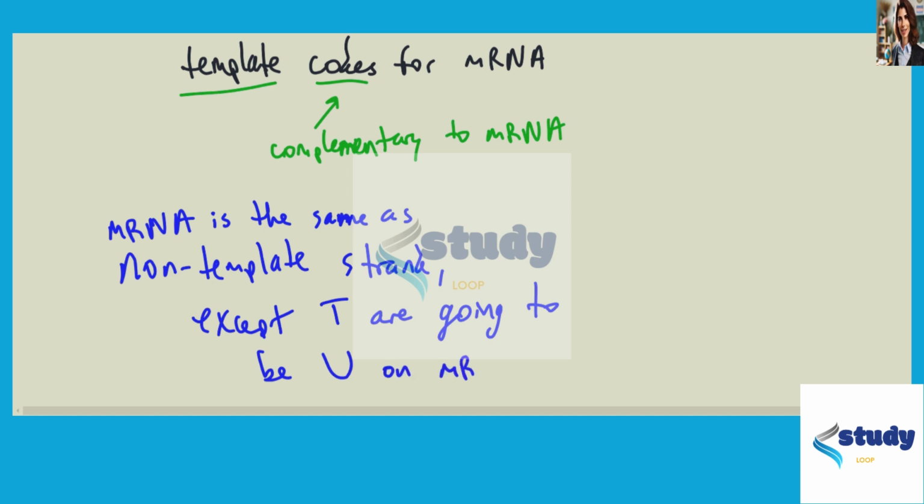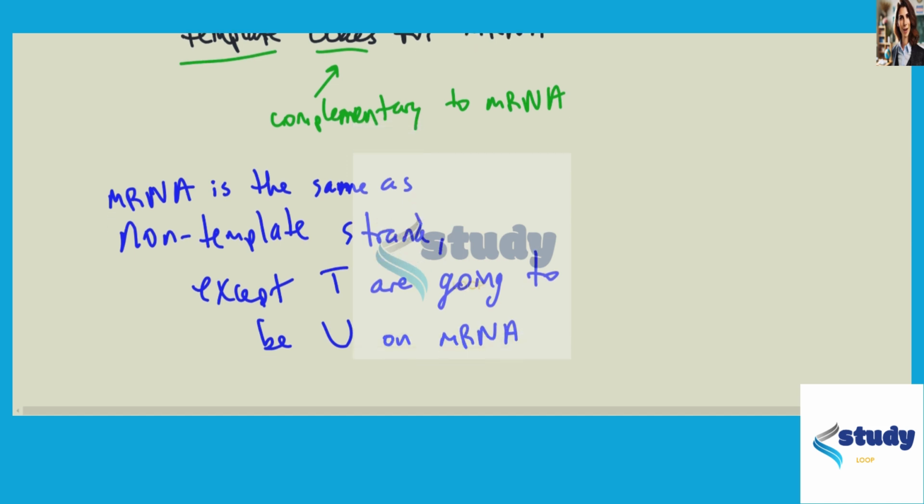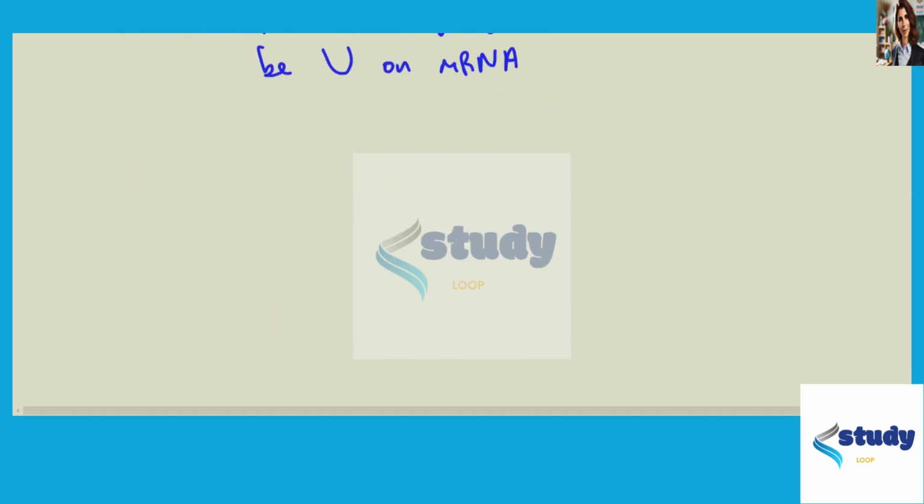on the mRNA. So we just take the strand that we're given, because it's the non-template strand, and 5' to 3', copy it over, except every single time we see a T, we're going to put down a U. So here we go.